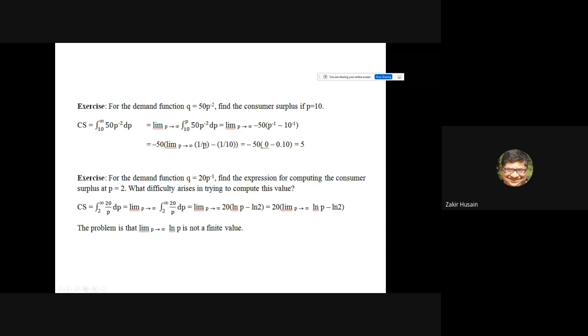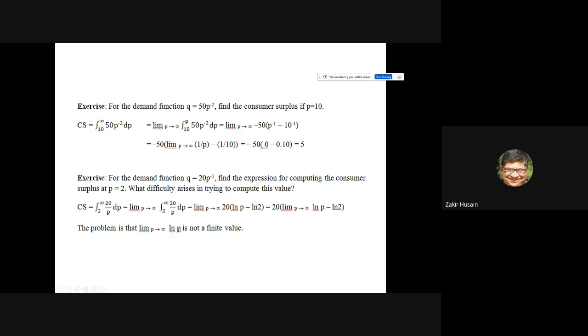See, over here, as we increase P, 1 by P will get smaller and smaller and will approach 0. So the limit as P tends to infinity of 1 by P approaches 0.